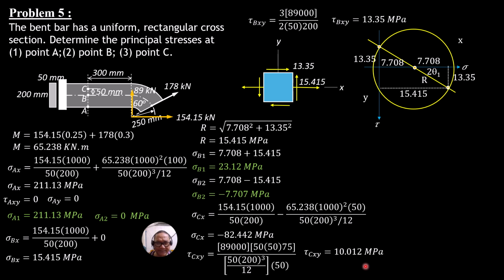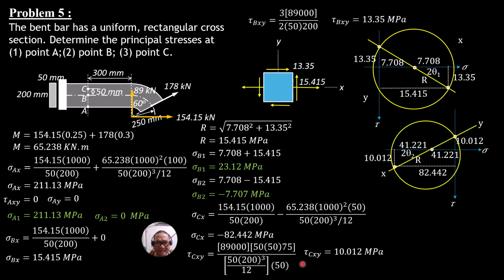We then plot negative 82.442 and positive 10.012. So this is 82.442 negative, so it is to the left of the shear stress axis. Then this is positive 10.012.